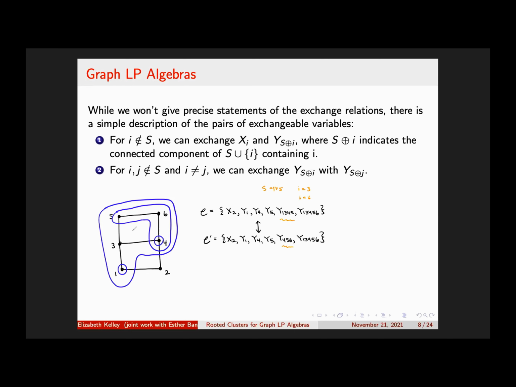When I take S union j, I should get this and this, right? And then if I look at the connected component that contains 6, I just get this component up here. So I'm left with y sub 4,5,6.